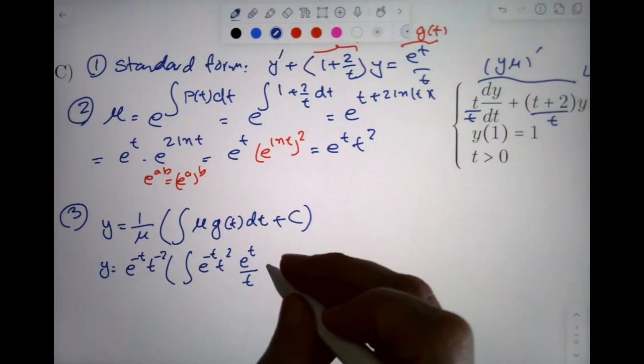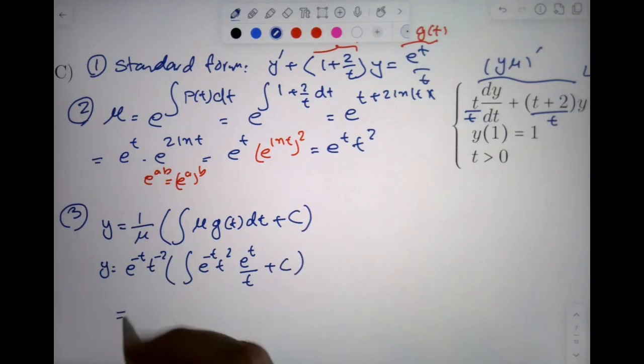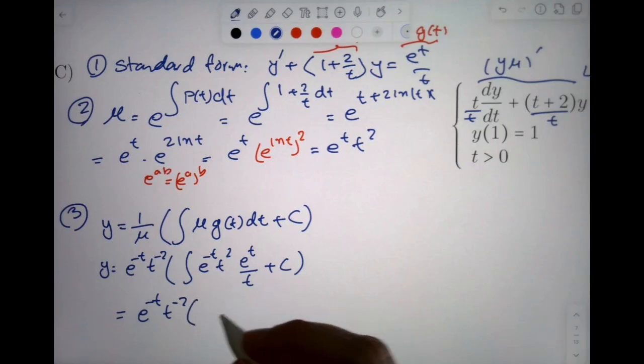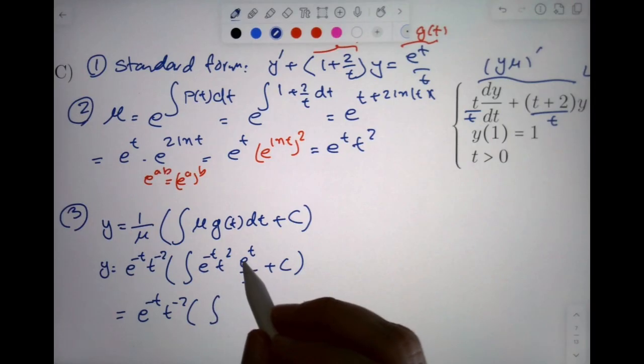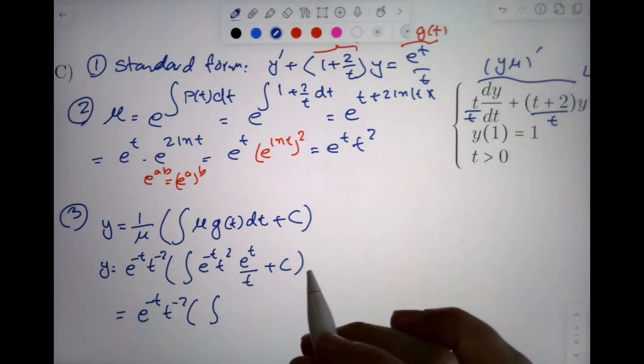And so now plus c. Now let's clean it up. e to the power minus t, t to the power minus 2, integral of e to the power minus t and e to the t are simplifying each other out.